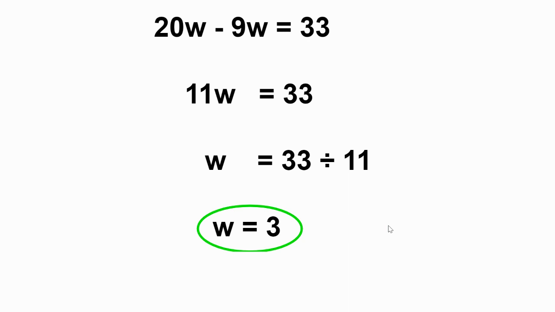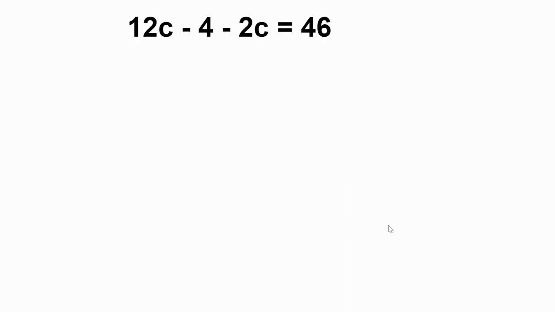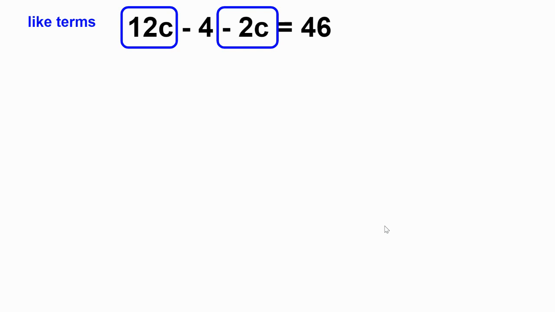The same thing happens when we get a little bit more complex, like this equation here. As we can see, we have some variable terms and we have some constant terms now. Well, we can see that we have a 12c and a negative 2c. Again, those are our like terms. We can combine them. 12c minus 2c is 10c.